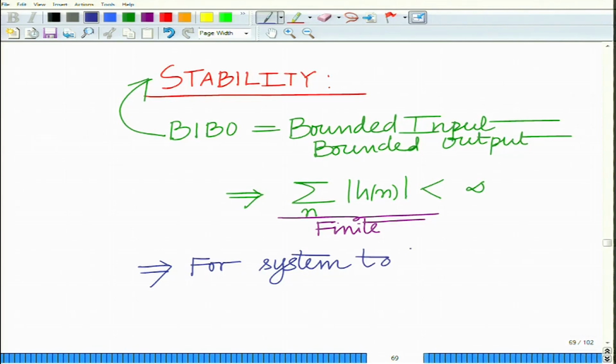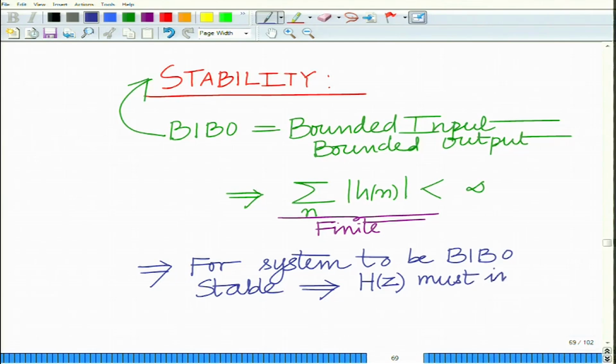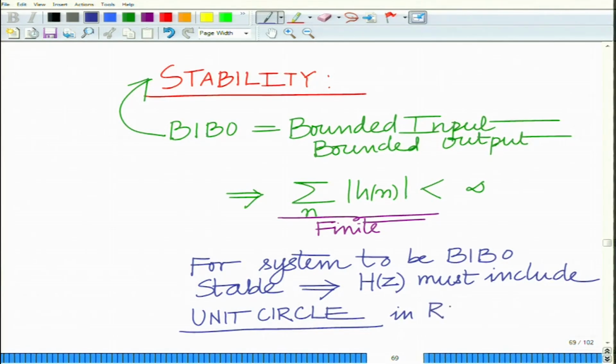For a system to be BIBO stable, H(z) must include the unit circle in its ROC. Remember, the unit circle is all the values of z of the form z equals e raised to j omega, that is, magnitude of z is 1, unit magnitude with any arbitrary phase.